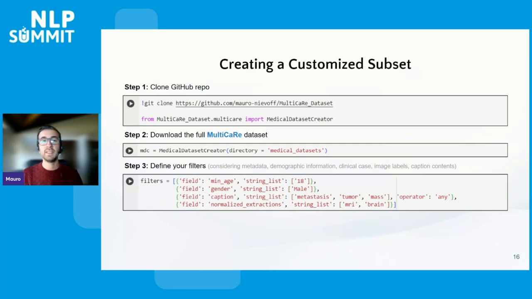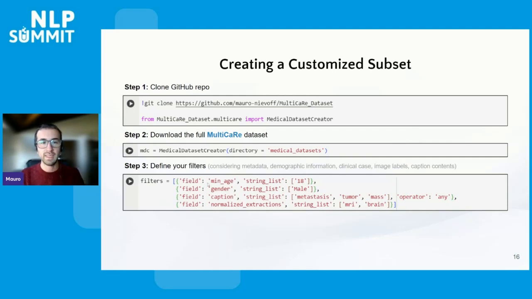There are filters related to the demographic information, like minimum age or gender. There are also filters related to the content of the clinical cases, also to the image labels, and to the contents of the captions.